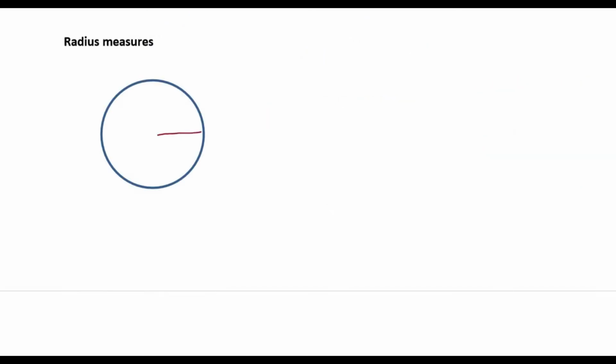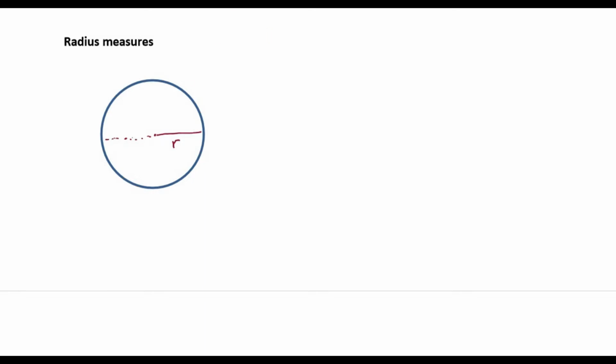What I want to do next is look at a different way to relate radians and degrees. You can see I have a circle with the radius drawn in, and I'm going to go ahead and draw in the rest of this diameter to sort of dot that in.